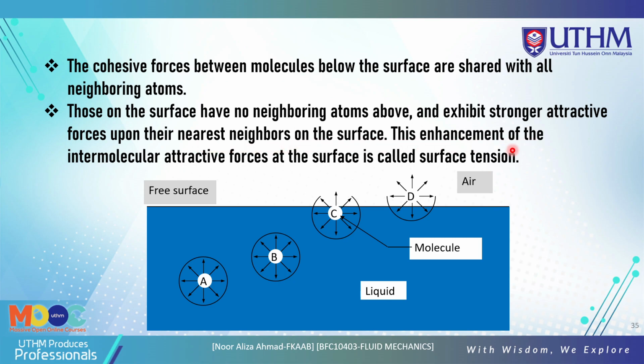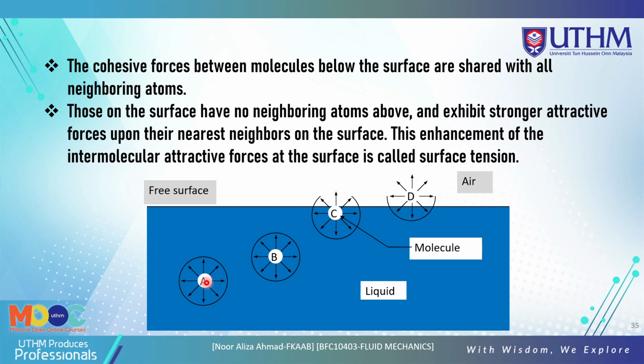This enhancement of the intermolecular attractive forces at the surface is called surface tension. So this is the surface tension from molecule A, molecule B, molecule C, and D, from the water up to the free surface.